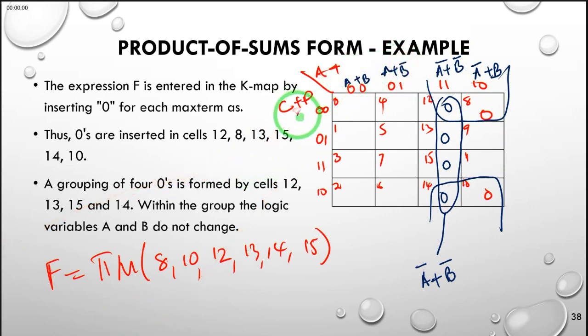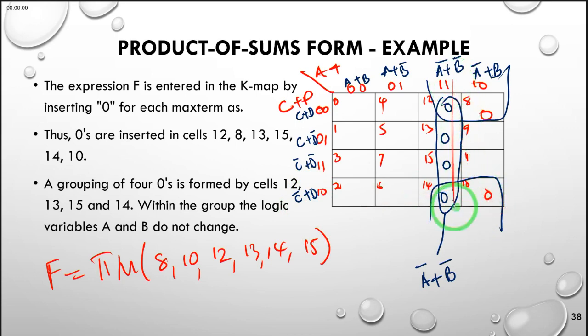And similarly on this side, we say this is equivalent to C or D without any bar. This is C or D bar. This is C bar or D bar, because zeros are the ones that are used to represent the max terms, and for that reason, whenever we have a 1, that's a bar. So we have C bar or D.